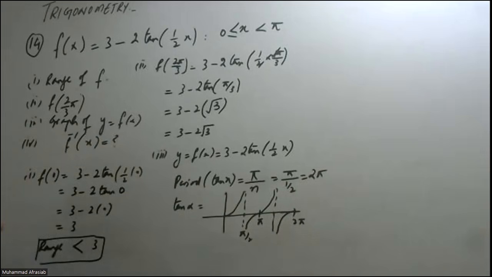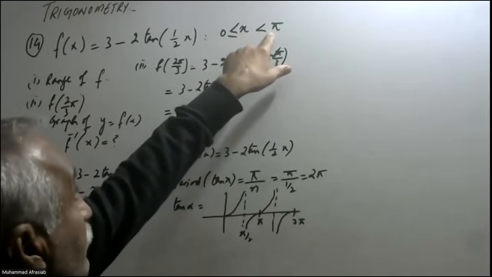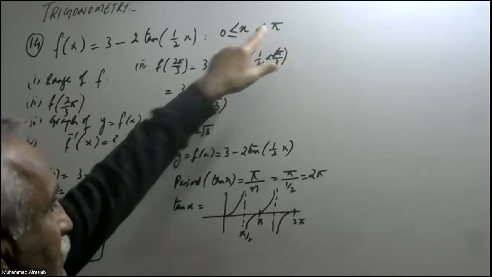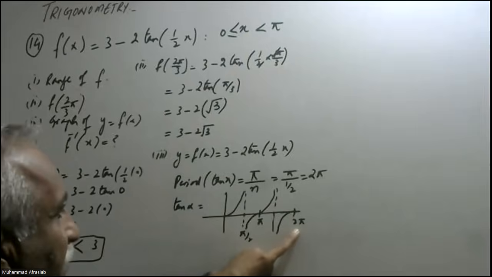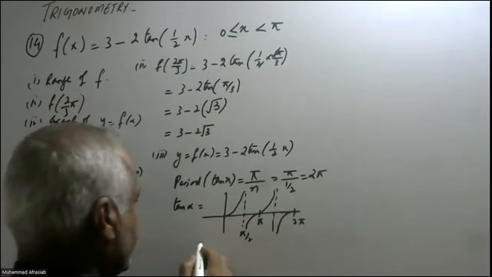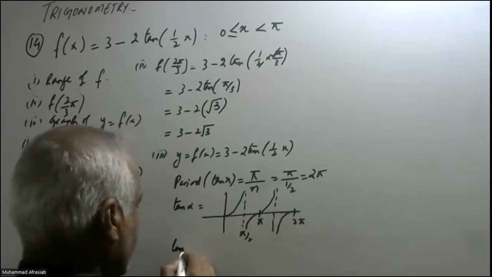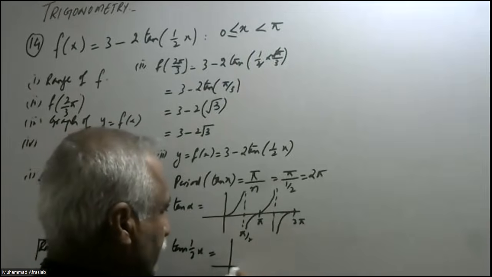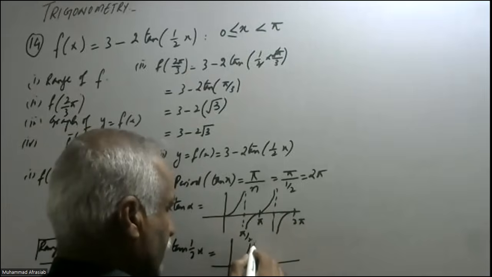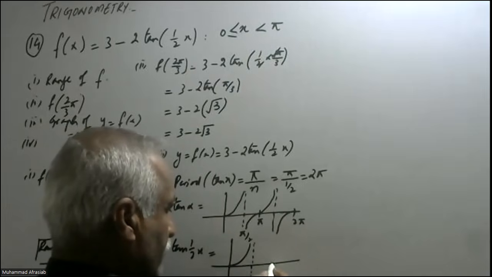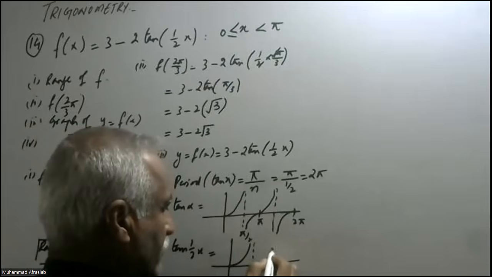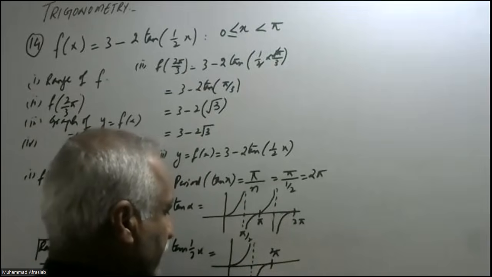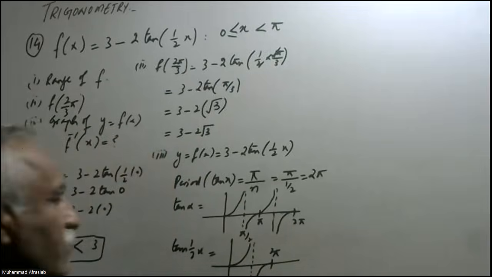but our range is only 0 to pi there. So this graph, which is up till 2 pi, will become like that. Tangent of half x will be equal to 1 at pi by 2.